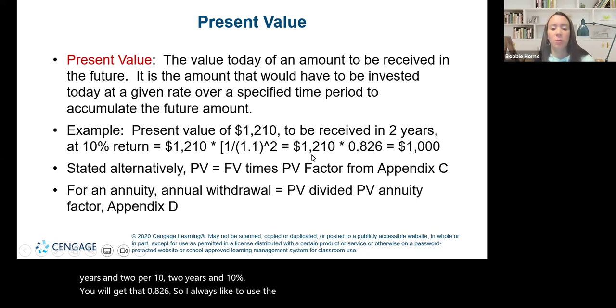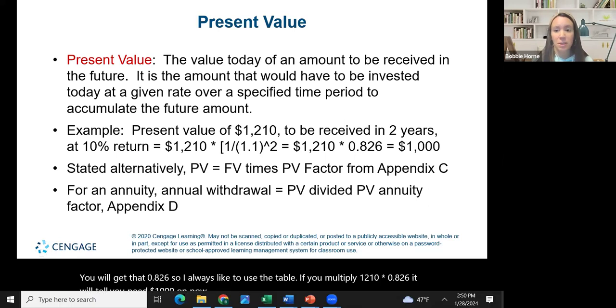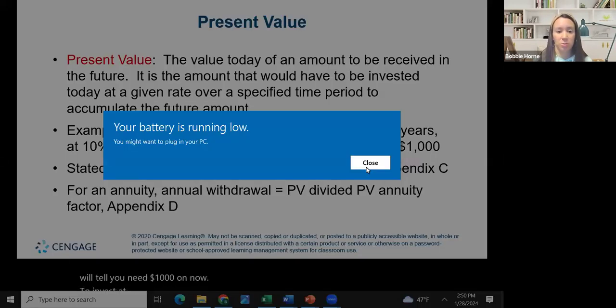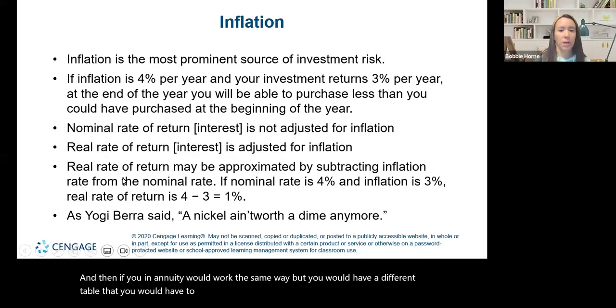If you multiply 1,210 times 0.826, it will tell you you need $1,000 now to invest at 10% for 2 years. Okay. And then an annuity would work the same way, but you would have a different table that you would have to use.